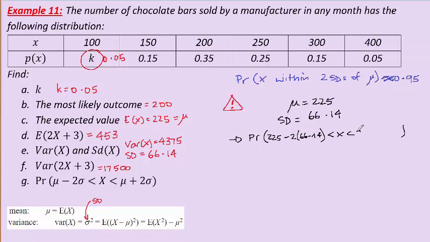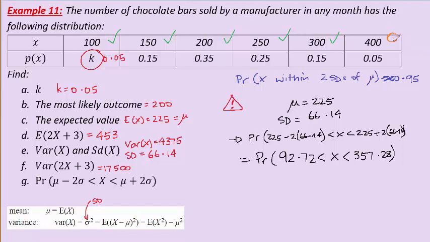And one that X is less than 225 plus 2 standard deviations. So now I'm going to work out these numbers and then we'll be able to look on the table and see what happens. So that's the same as saying the probability of X being between 92.72 and 357.28, which means all of these points here that I'll tick in green, they lie within those 2 bounds.